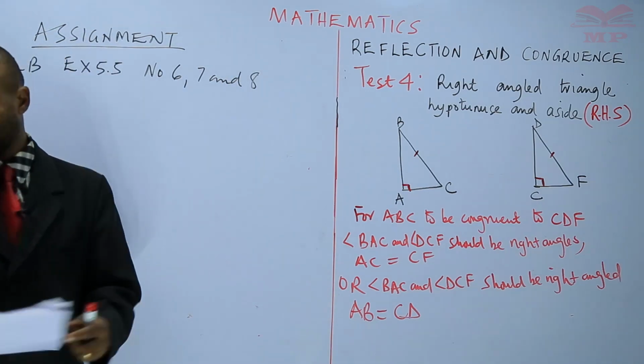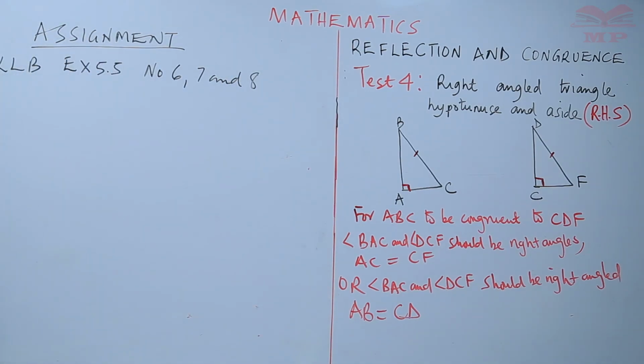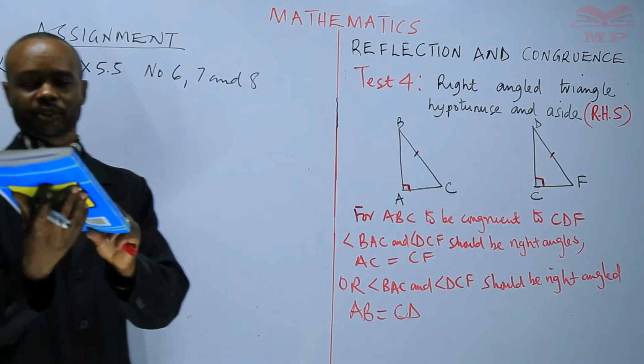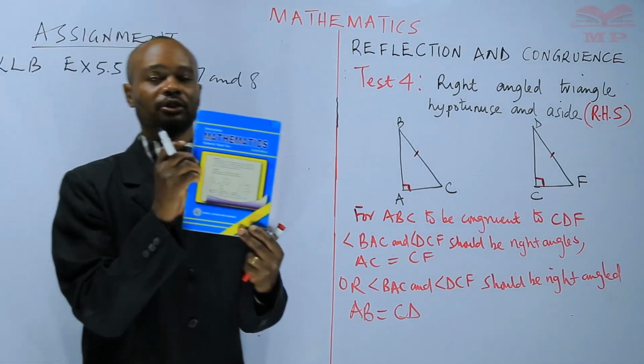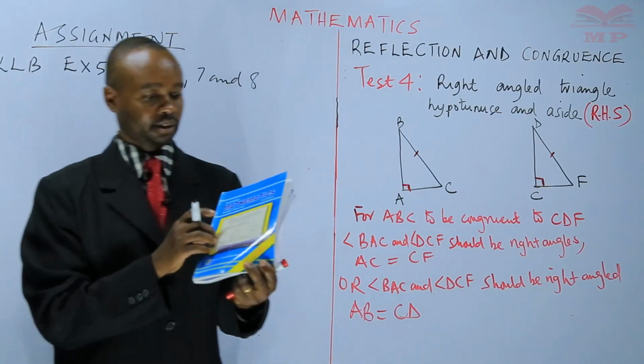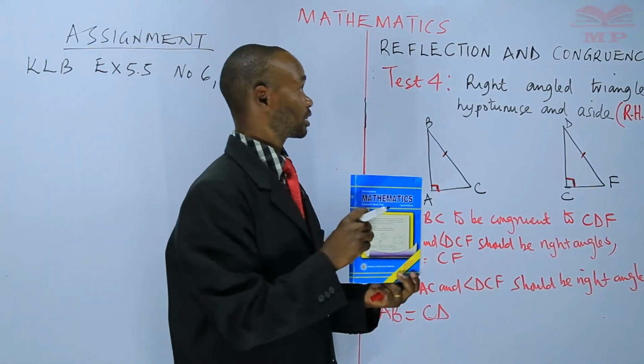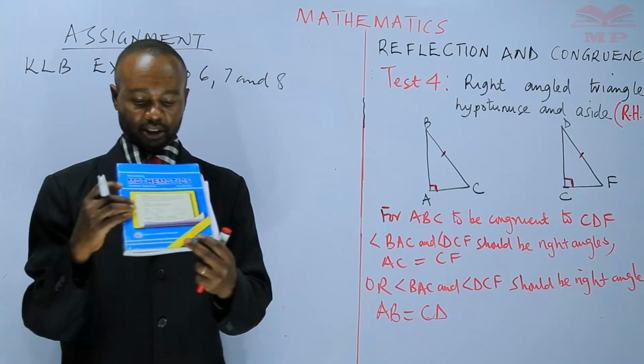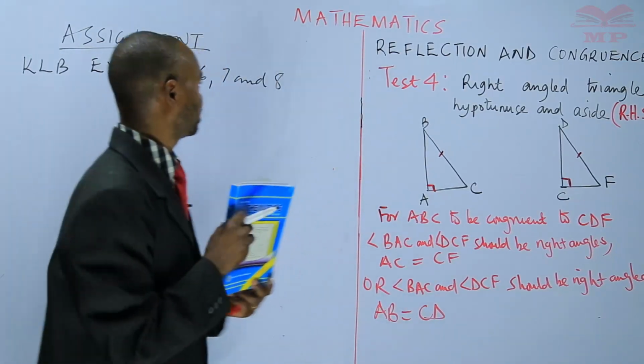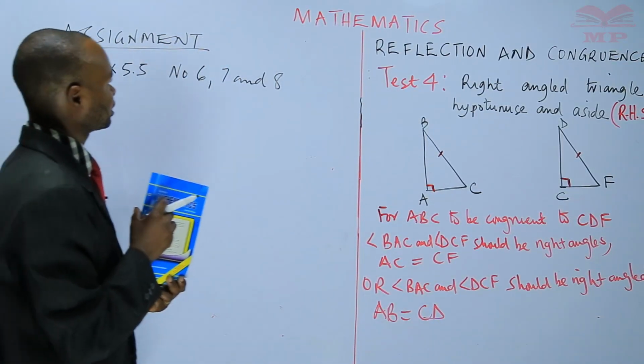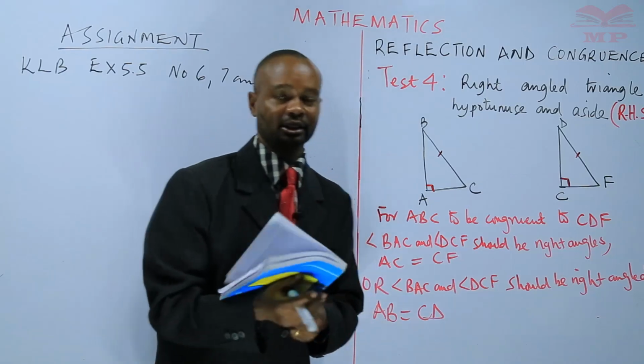For those who don't know the KLB book, it is this one. It is actually the 4th edition. So if you go to that exercise, reflection and congruence, it is exercise 5.5, and you'll work out number 6, 7, and 8.